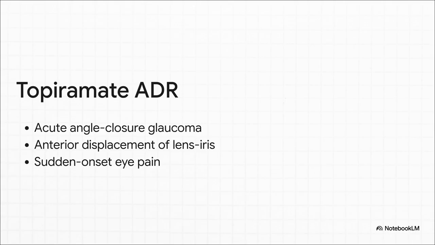In idiosyncratic cases, this drug triggers massive cilio-choroidal effusions, basically swelling of the tissue right behind the iris. This swelling violently pushes the entire lens iris diaphragm forward, instantly pancaking the drainage angle closed. The result? Sudden onset, blinding eye pain, and blurred vision. And the treatment here isn't just eye drops, it's immediately stopping the offending topiramate.